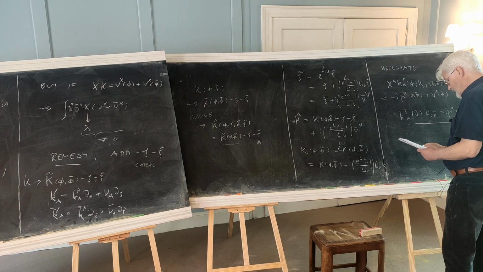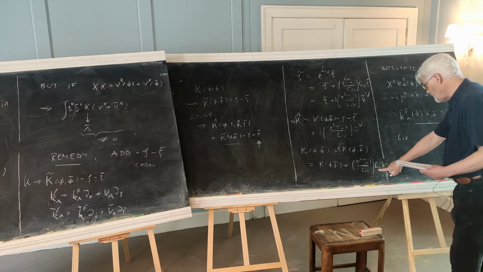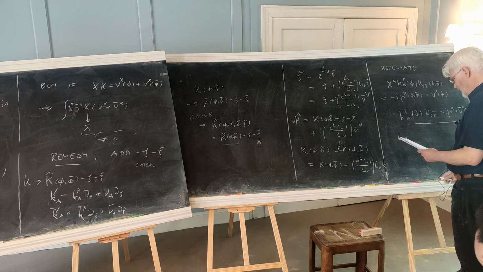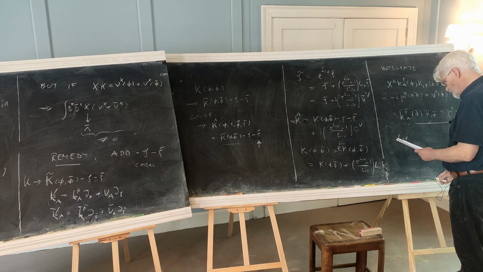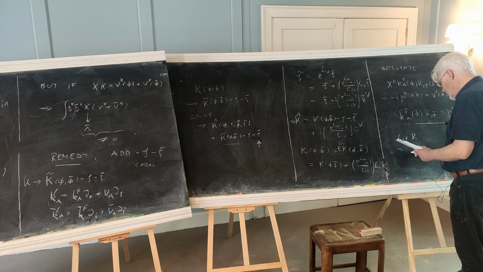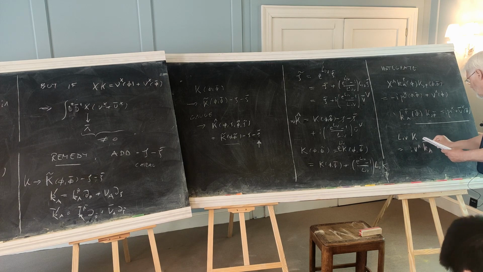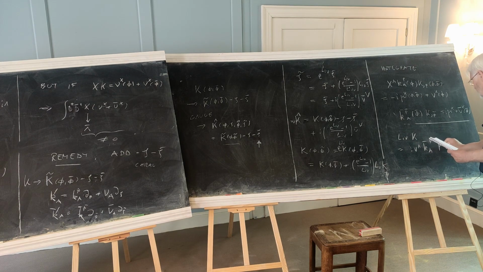So this LIV on K, by definition is IVA K bar A P bar K comma P bar.